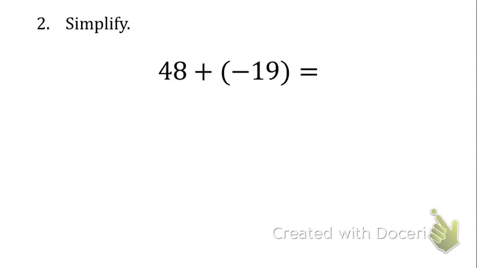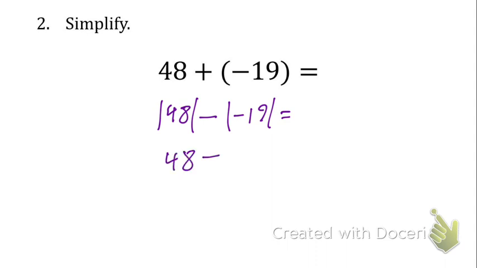All right, next one. Notice here we have addition, so we cannot keep, change. So once again, I notice I've got a positive 48, I've got a negative 19. So which one has a bigger absolute value? 48 does. Since they are different signs, I'm going to subtract the absolute values. So the absolute value of 48, minus the absolute value of negative 19.